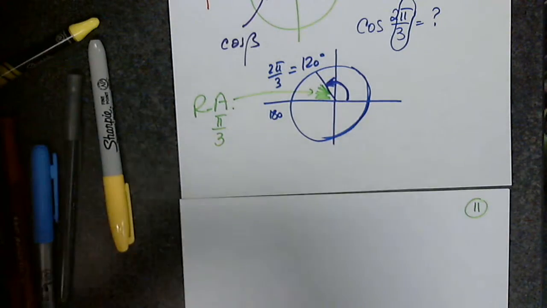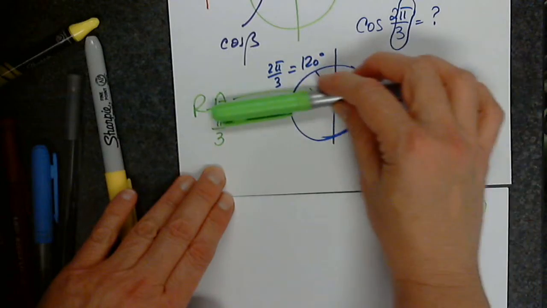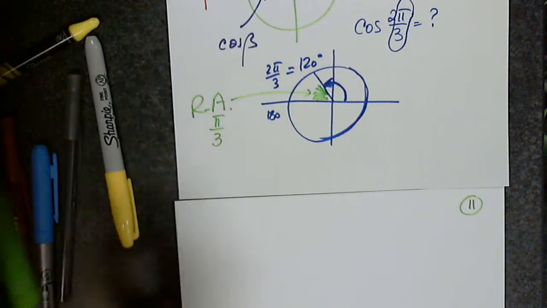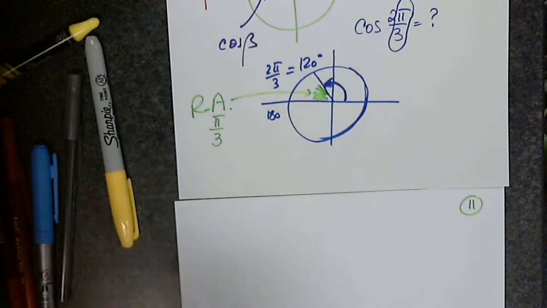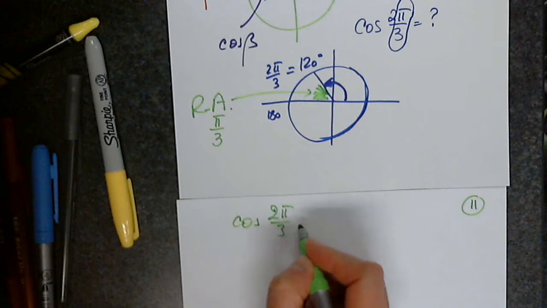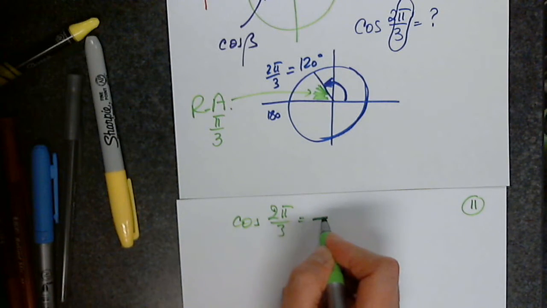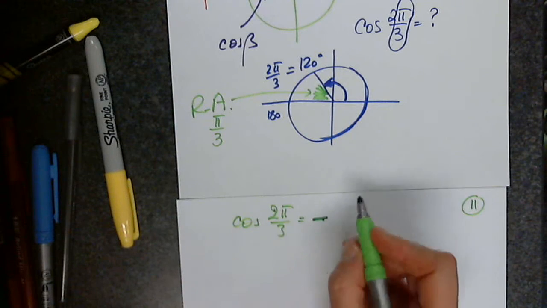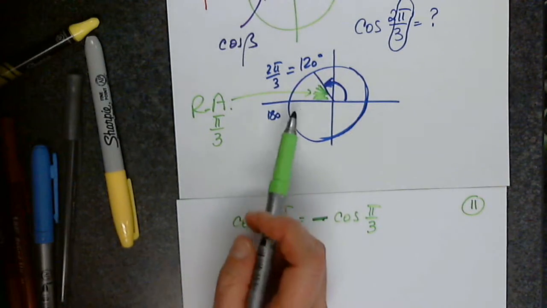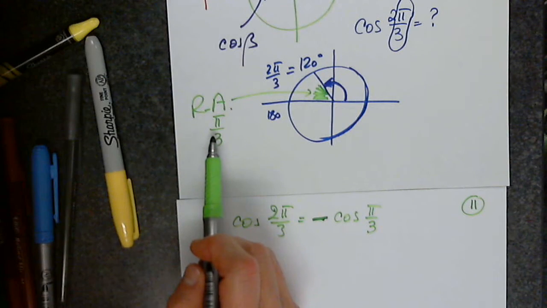Yes, it's the adjacent, right? So we measure cosine here. So what will be the sign of cosine in the second quadrant if it's measured on the x-axis? It will be negative. So cosine 2 pi over 3 must be a negative number, and it will equal cosine pi over 3 because that's the reference angle.